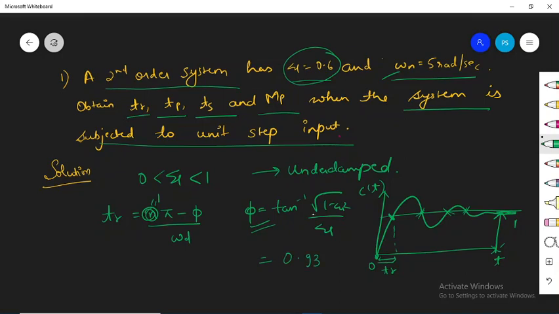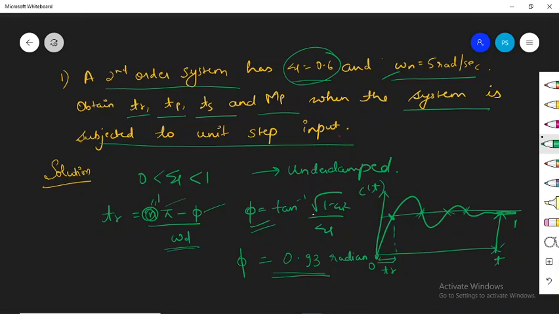Now whether this is in radian or degrees, many students make this mistake and take it in degrees, but the value that you are getting is in radian only.